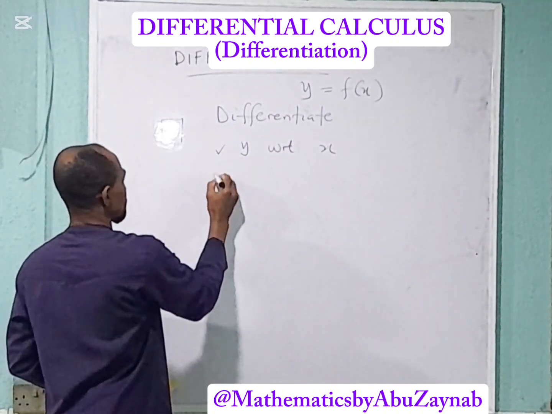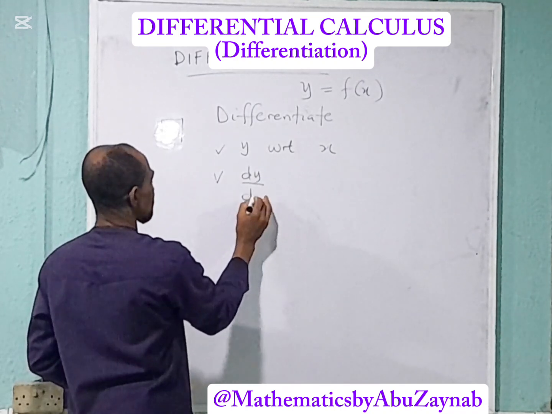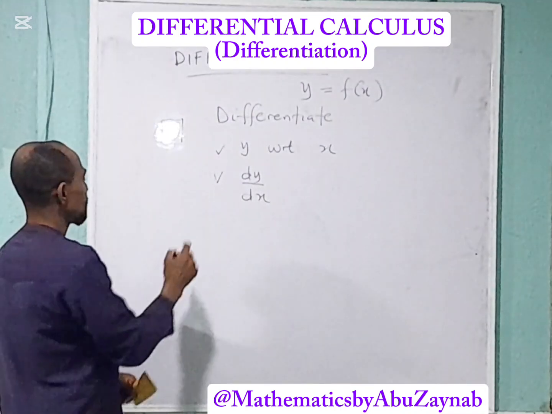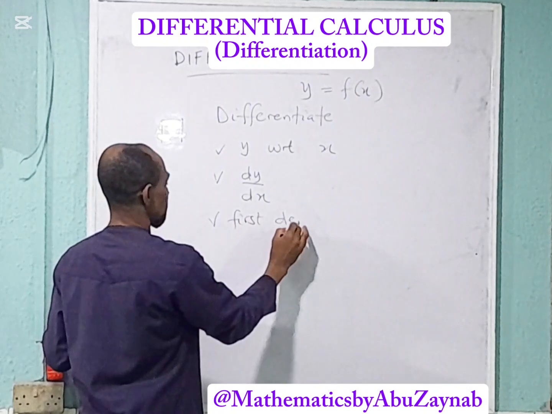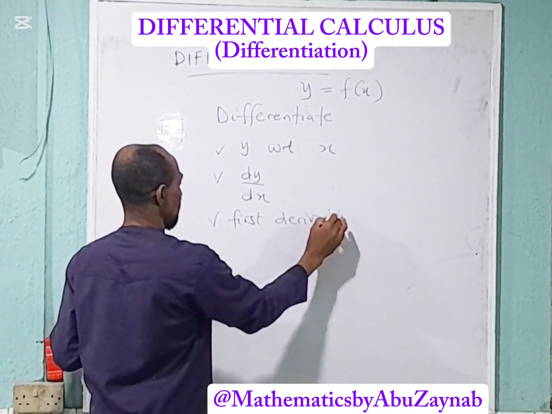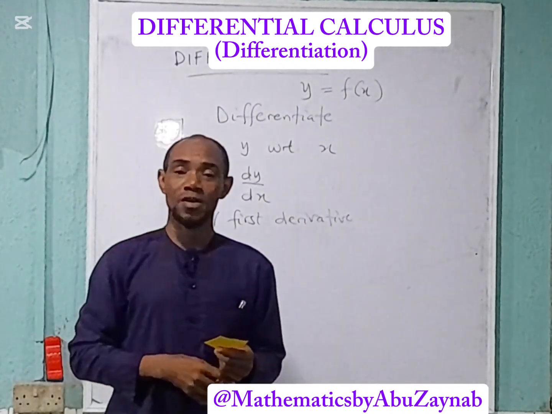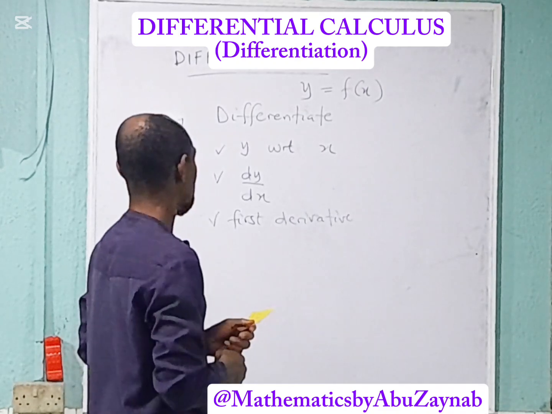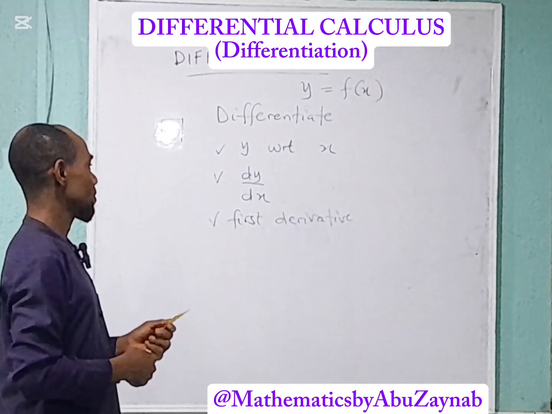You can be asked to find the dy dx, which is a more popular expression, and you can be asked to find the first derivative, or in some cases you can be asked to find the first differential coefficient. These are basically what is meant by differentiation or differentiate.